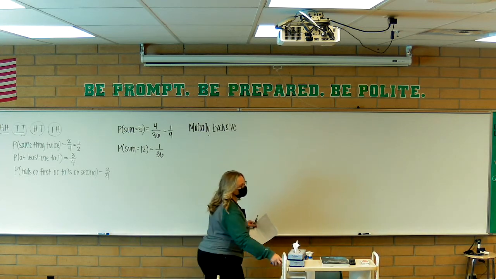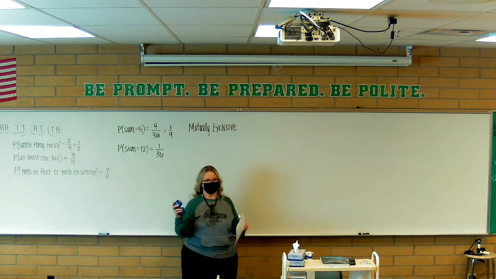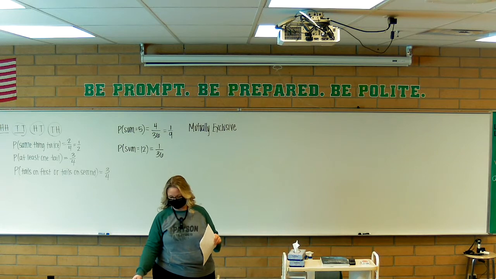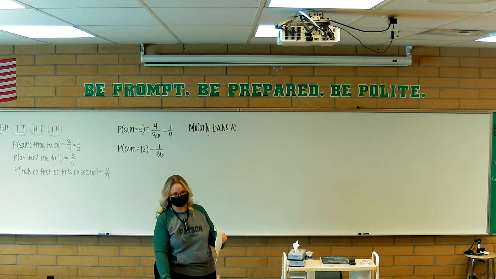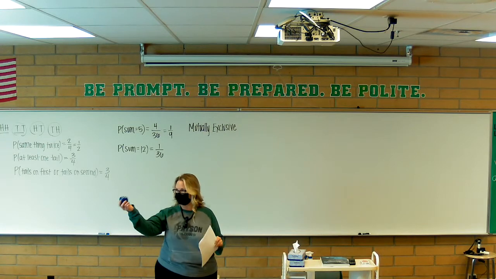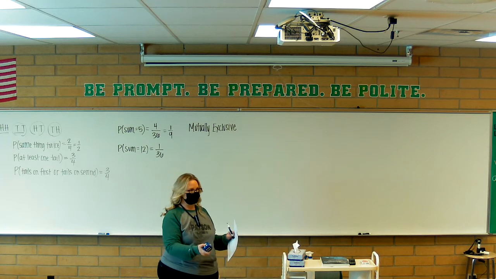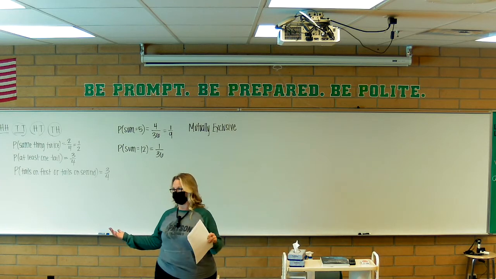But if I roll 2 dice, and the two events are landing on a 1 and landing on a 6, are they mutually exclusive? If this one lands on a 1, does that prevent this one from landing on a 6? No, not at all.